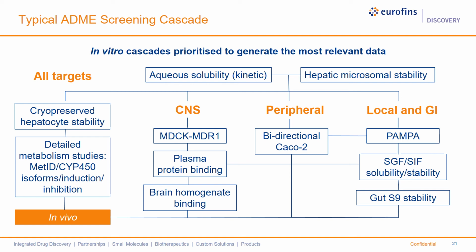These include things like the PAMPA assay, the simulated gastric fluid or simulated intestinal fluid solubility and stability studies, as well as gut S9 stability. When looking at something like central nervous system applications, the MDCK-MDR1 transporter assay would be a suitable assay to include in a screening cascade. Also, things like plasma protein binding and brain homogenate binding would be more relevant there.